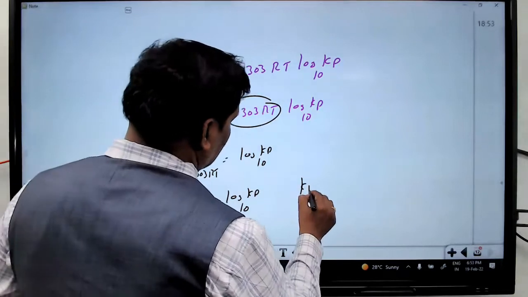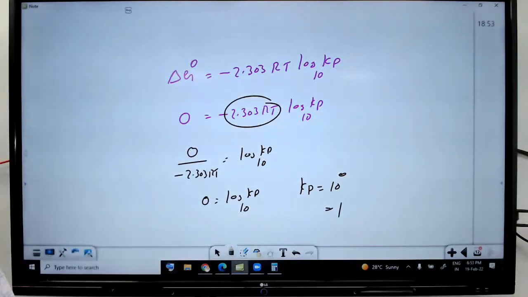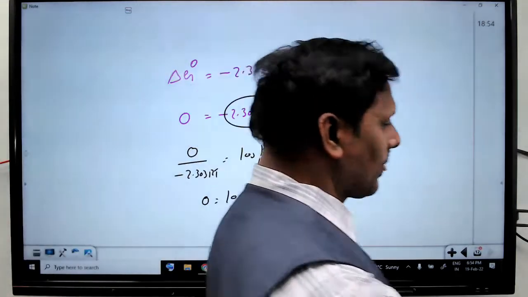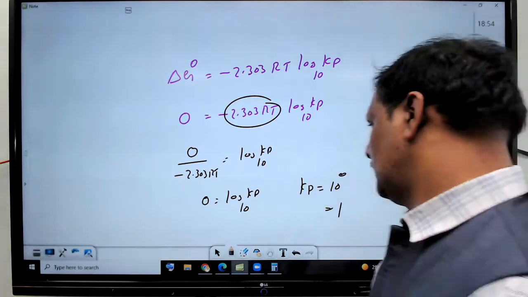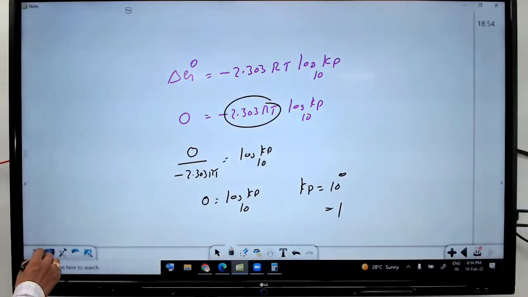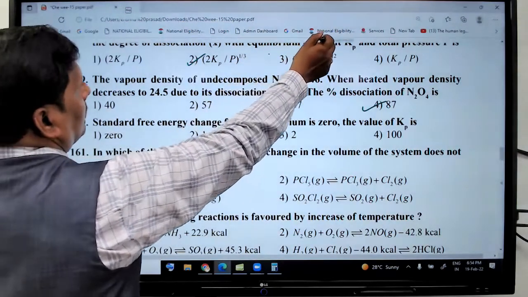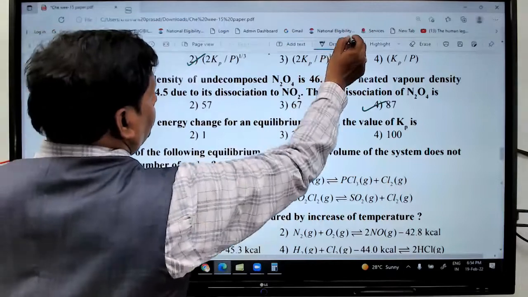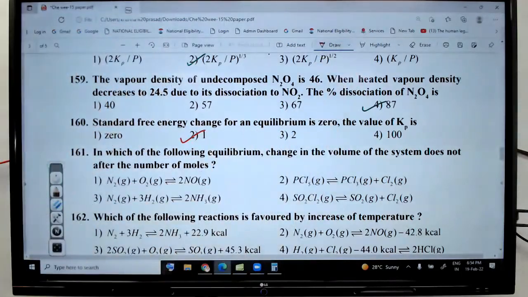Kp is equal to 10 power 0, and 10 power 0 is equal to 1. Direct formula you can see, Kp should be equal to 1. Kp is equal to 1.